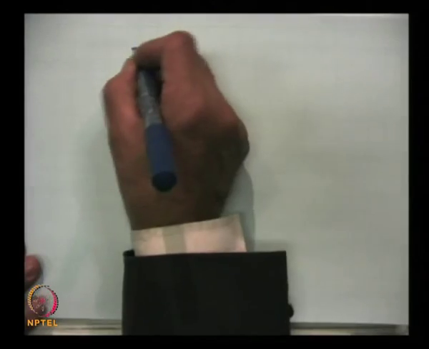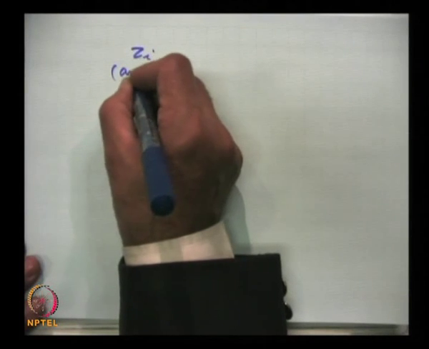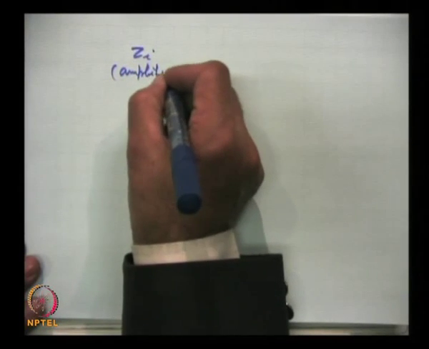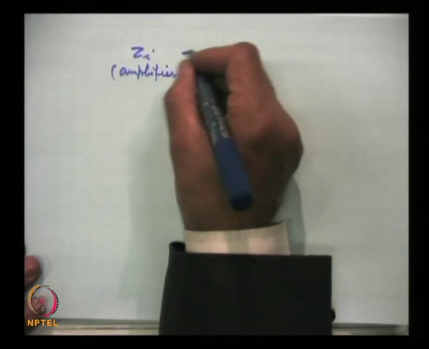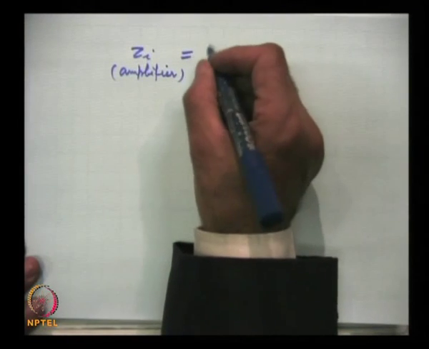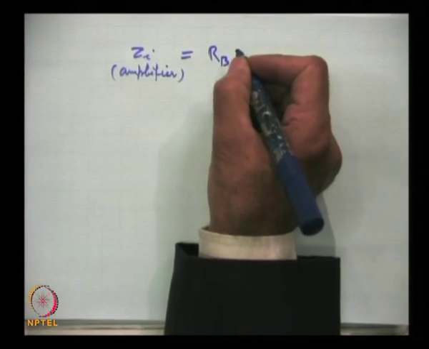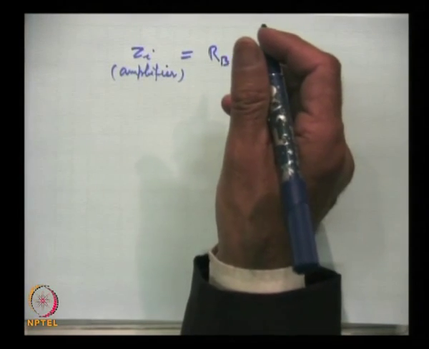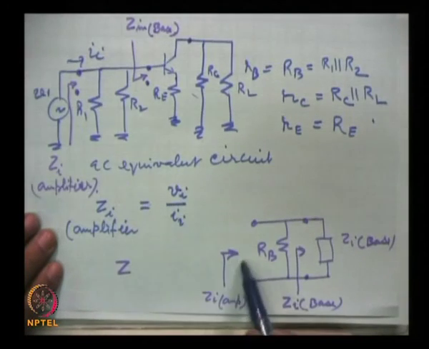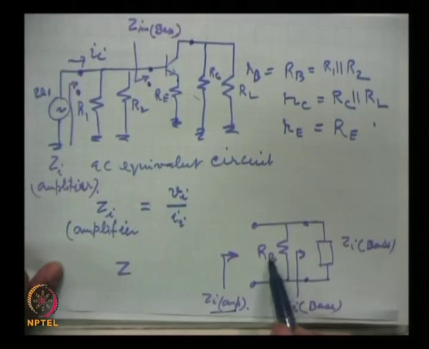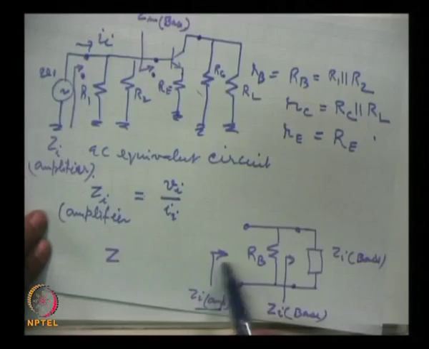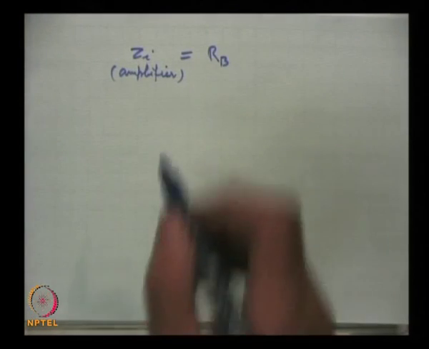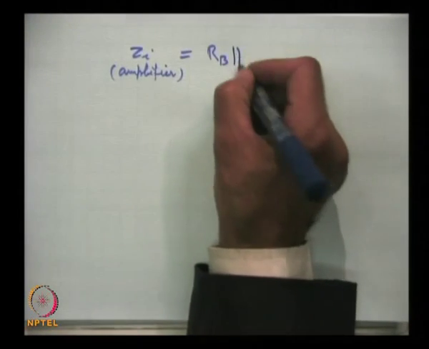Therefore, the input impedance of the amplifier, Z I of amplifier, is obviously, when we divide it into 2 parts, R B and Z in base, the combination of the 2 in parallel.